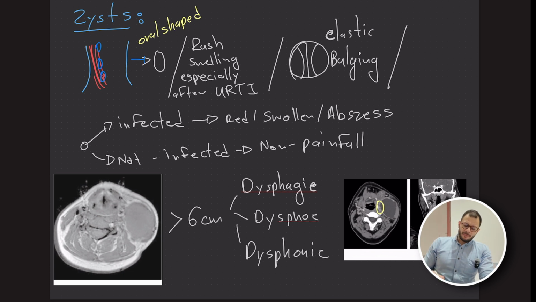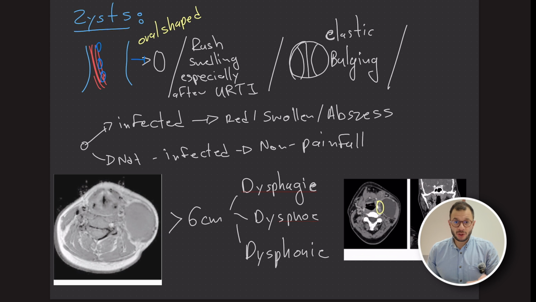Now, in some cases, these cysts are infected. In this scenario, you will have a redness of the skin overlying the cyst. You have swollen cysts that are painful to manipulate, and sometimes you can see there an abscess formation. Now, if the cyst is not infected, you will have a non-painful bulging elastic cyst on the neck.